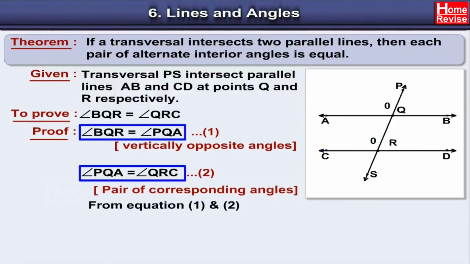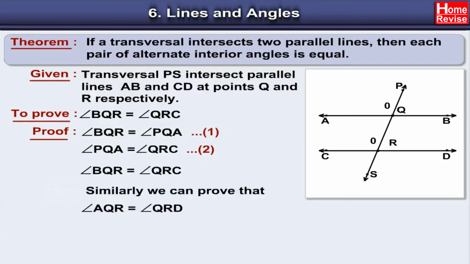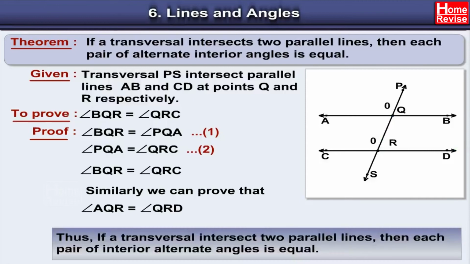From 1 and 2, angle BQR is equal to angle QRC. Similarly, we can prove that angle AQR is equal to angle QRD. Thus, if a transversal intersects two parallel lines, each pair of alternate interior angles is equal.